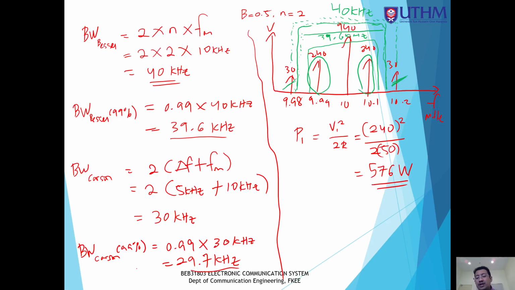Okay, power in the smallest sideband. If you ask me, we have asked this kind of question in the previous semester, where an additional filter is put into the transmitter after the modulator. I don't remember the exact question.